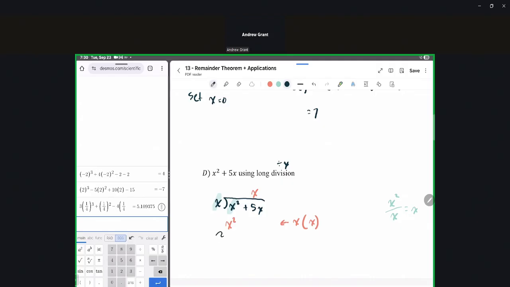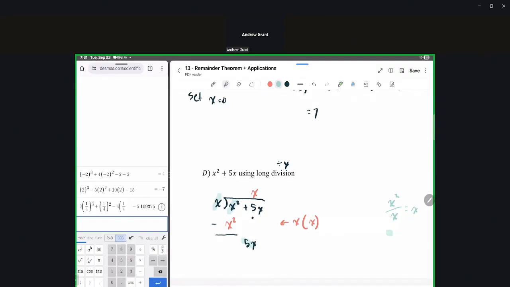And already you could see how this works. All that happens is that we now don't have to worry about, there's no second term here. We just work with one term at a time. So x squared minus x squared is 0. So then we just bring down this 5x. And so then we ask ourselves, how many times does x go into 5x?